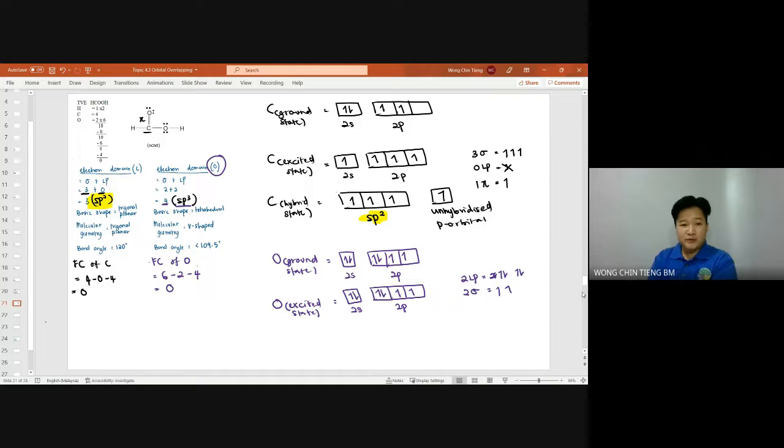And then moving to your oxygen hybrid state. Dan disebabkan oxygen hybrid kamu yang kita nak is your sp3, taking everything from the S and everything from the P. Okay, that is your sp3. One pair from the 2s, another pair from the 2p, 2 single from the 2p.